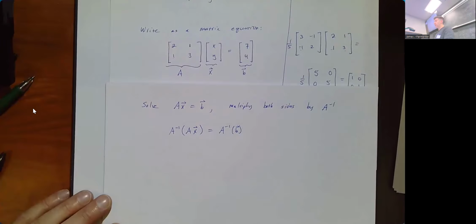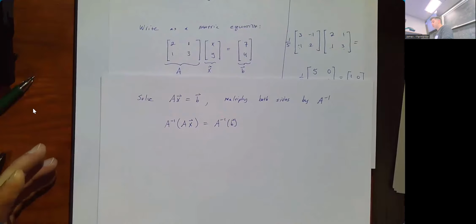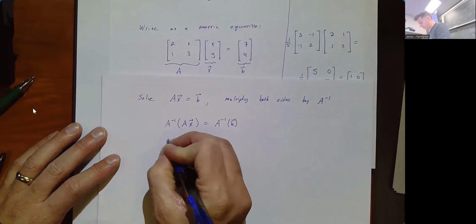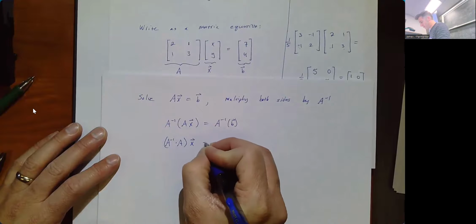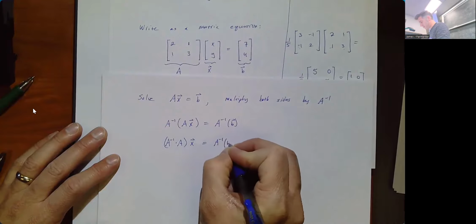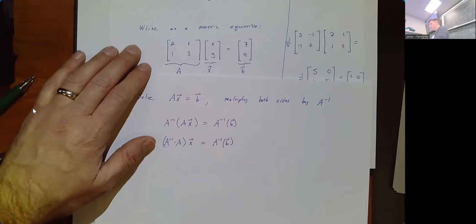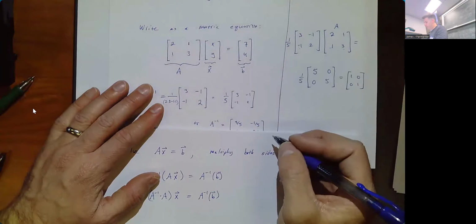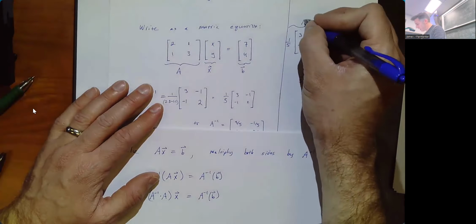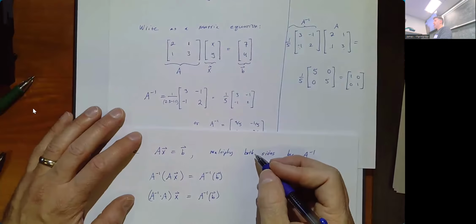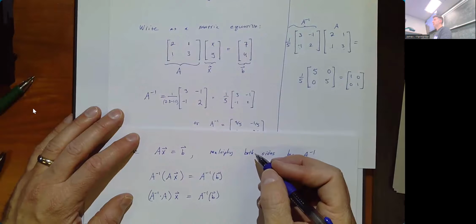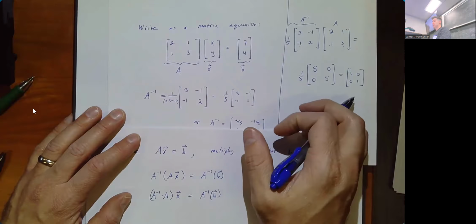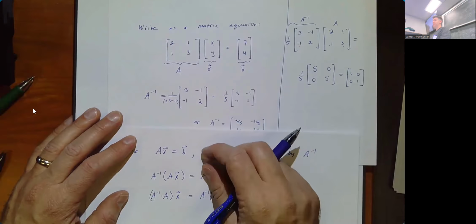All right, here's the big thing you need to know. What's A inverse times A? Well, let's see. When we multiplied the matrix A by A inverse, what do we end up with?